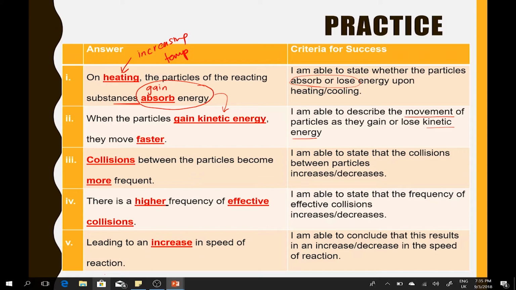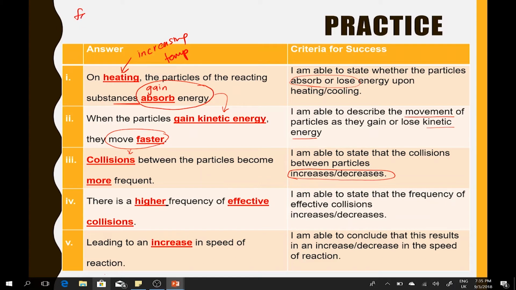Third, you're able to state that the collision increases or decreases. When they move faster, your collision will increase. If they move slower, the collision will decrease. So I will write it down here, and you should do that too in your notes.